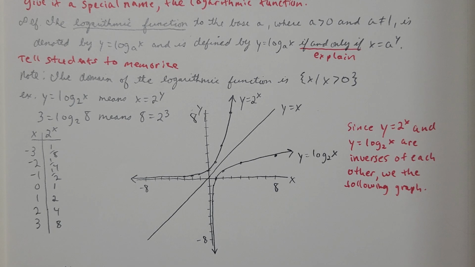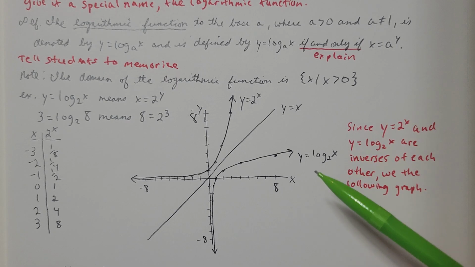Whenever you graph an exponential and its inverse, which is a logarithm, on the same picture, they will always be symmetric to the diagonal line y equals x. And that's how I have to graph a logarithm. I need to first start off by graphing the corresponding exponential, and then I switch all the coordinates.